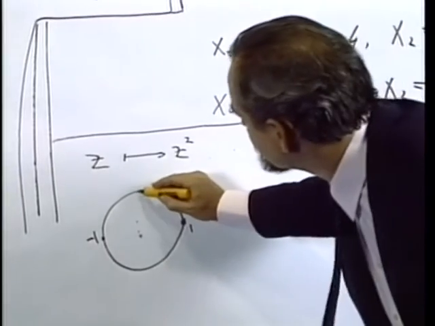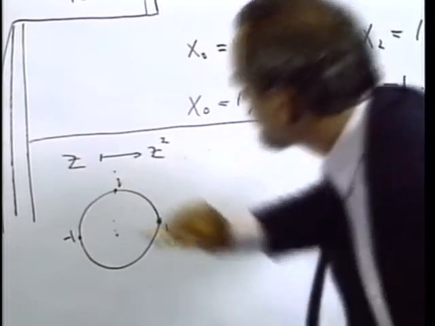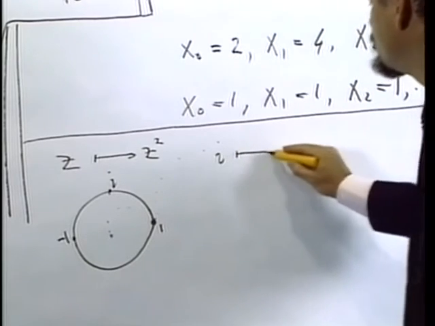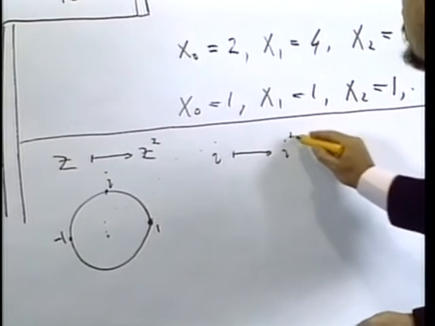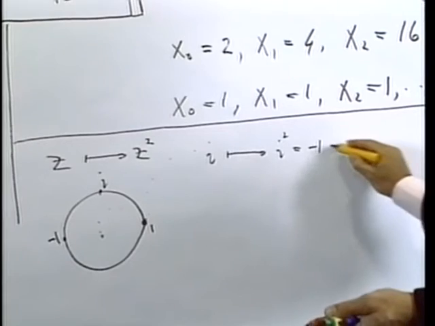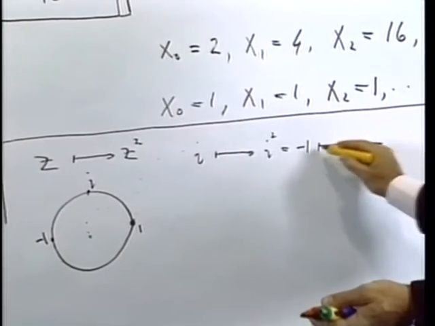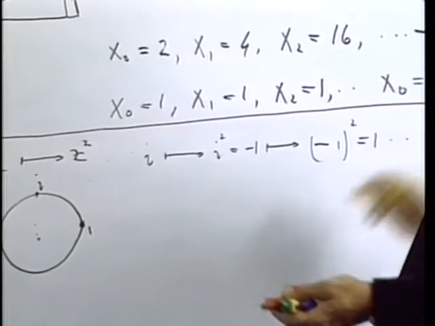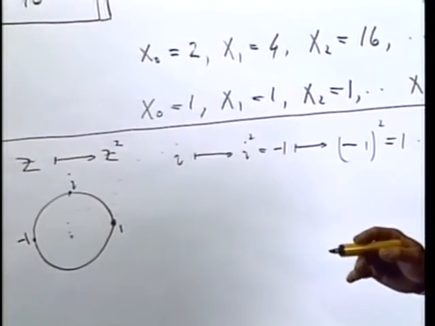What happens, for instance, at the number i? Well, i maps to i squared, which is equal to -1, which maps to -1 squared, which is equal to 1. So after 2 moves, it lands on 1.